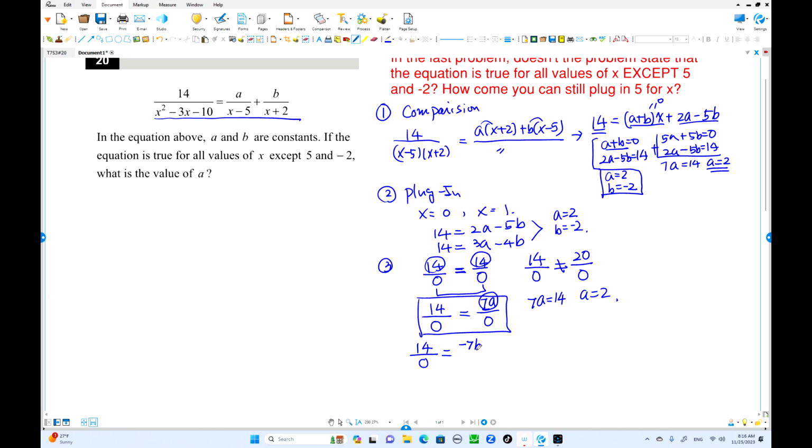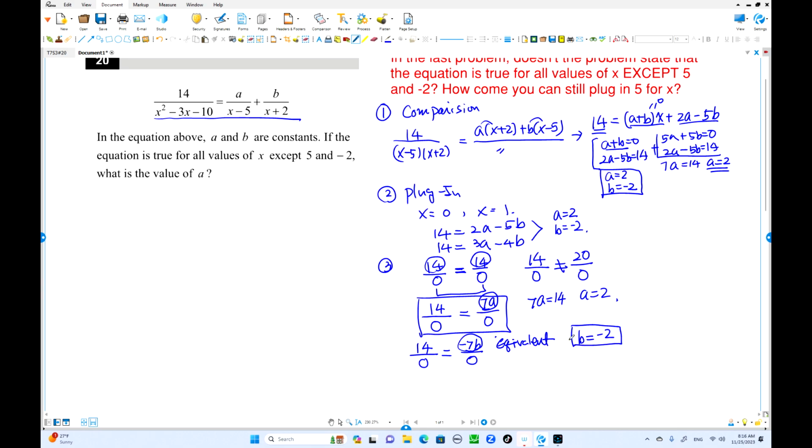So negative 7b over 0. That's still undefined. That's fine, okay? But this is the rule: it should be the same number to be equivalent, even though both terms are undefined. So b equals what? Negative 7b equals 14, b equals negative 2, okay?